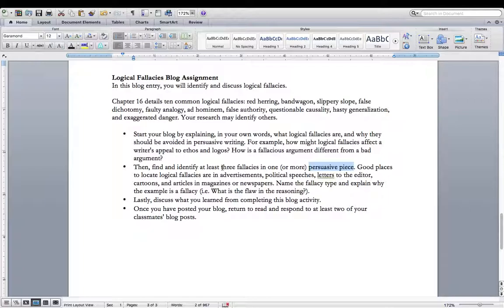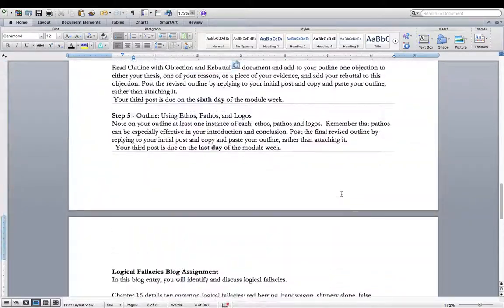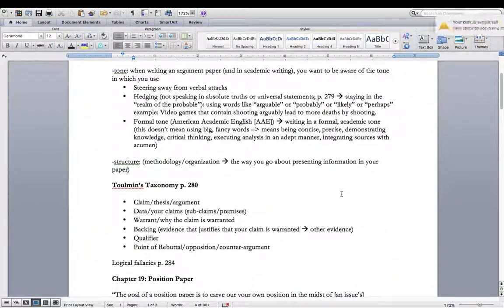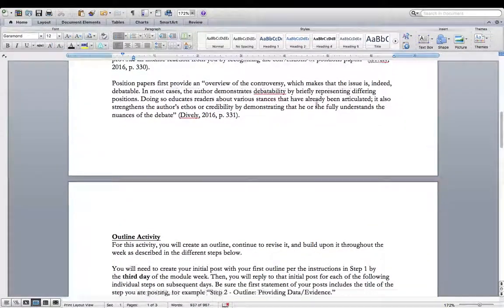And then make sure that, I'm just going to make the executive call, there are 3 different fallacies. So the number of pieces can differ between 1 and 3, but you do want to talk about 3 different fallacies. So that's the logical fallacies assignment, and that's talked about in chapter 16.